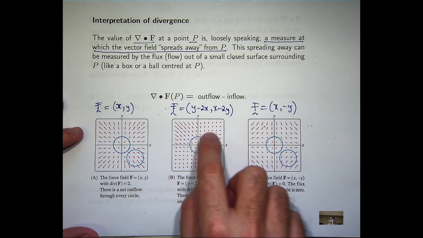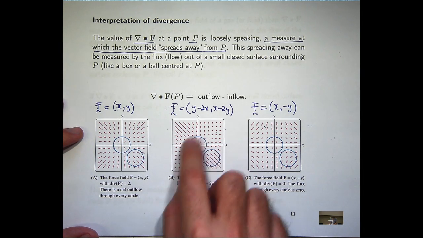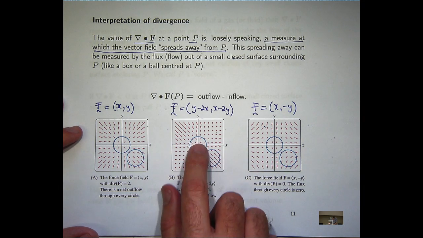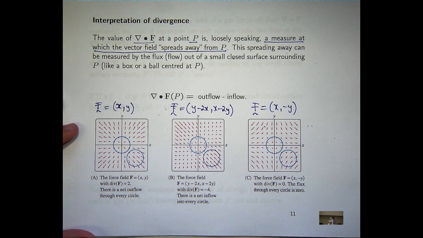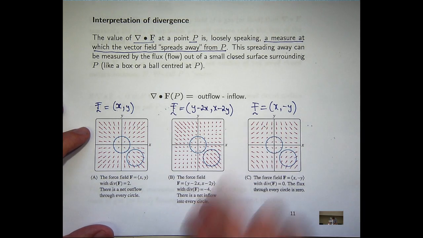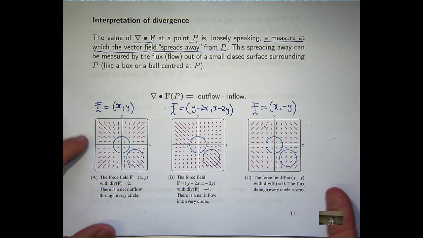It wants to sort of come to each point. So in this particular example, the divergence would be negative. And here, well, the vector field doesn't really want to spread away or approach a point. So here the actual net spread is 0. So the divergence would be 0.